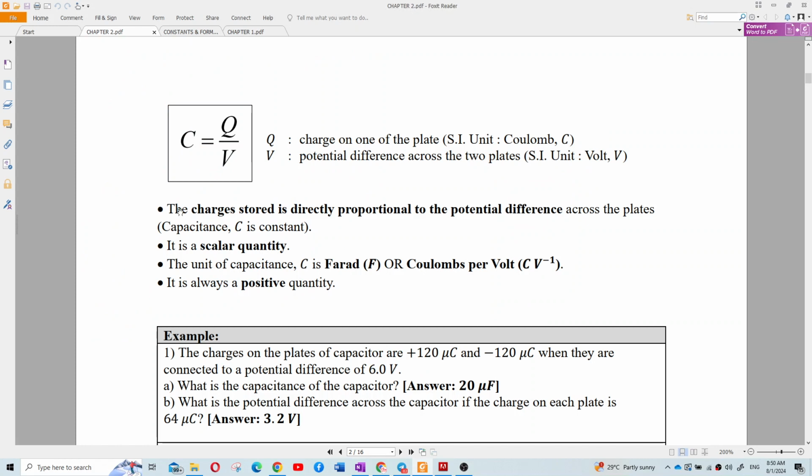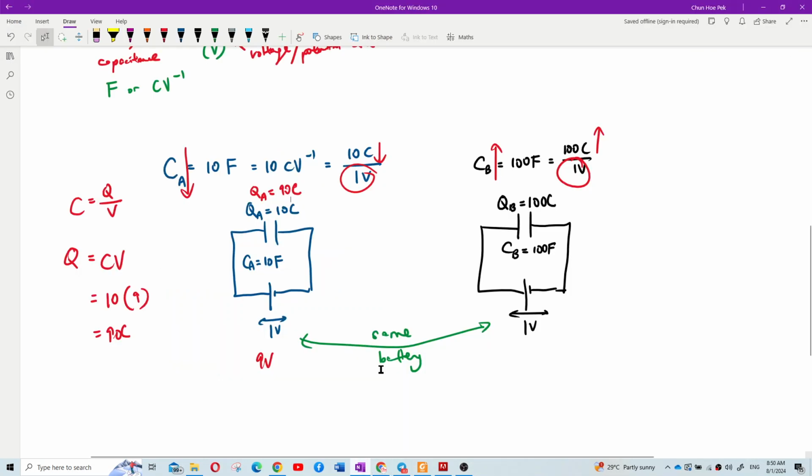That's why it is said the charge stored is directly proportional to the potential difference across the plates. The charge stored is directly proportional to the bigger battery. What does directly proportional mean?